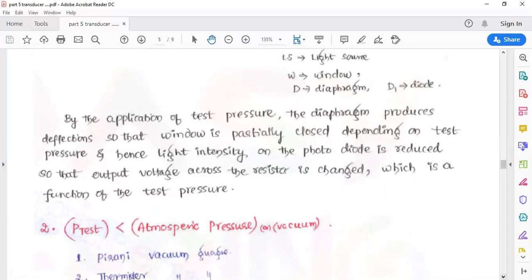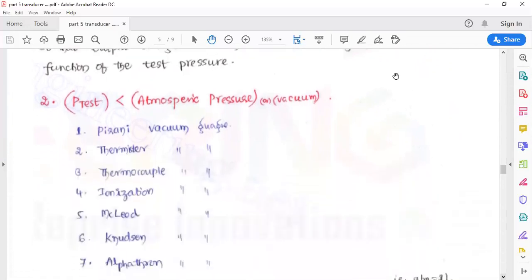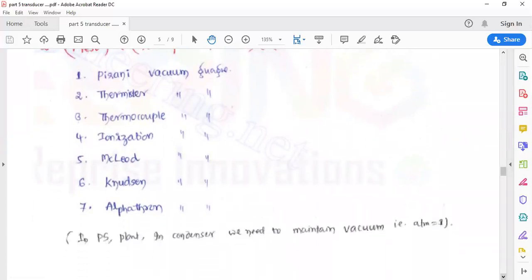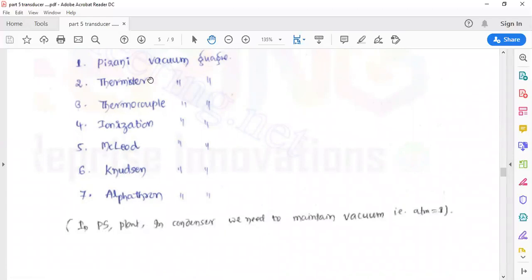Now, till now we discussed methods which measure pressure equal to or greater than atmospheric pressure. If the test pressure is less than atmospheric pressure, there are various gauges or transducers with the help of which we can measure it. These devices are Pirani vacuum gauge, thermistor, thermocouple, ionization vacuum gauge, McLeod vacuum gauge, Alphatron, and Knudsen vacuum gauge.